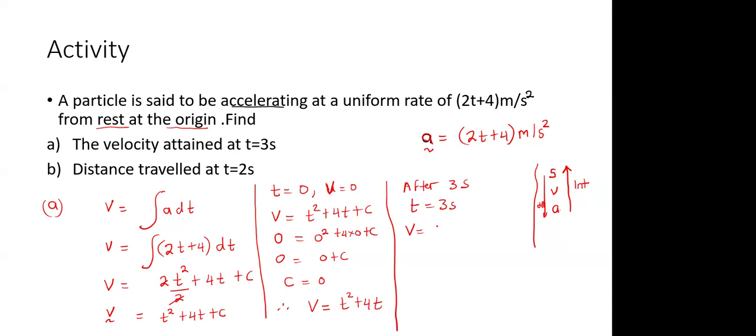So velocity will equal 3 squared plus 4 times 3. This will give us 3 squared, which is 9, plus the 12. Then 9 plus 12 gives us 21. Velocity is given in meters per second, and that is our velocity.